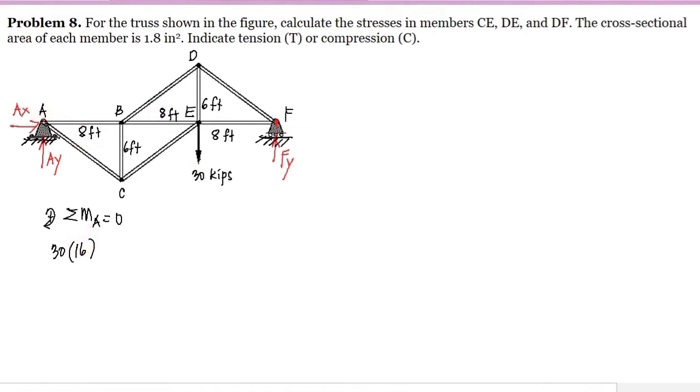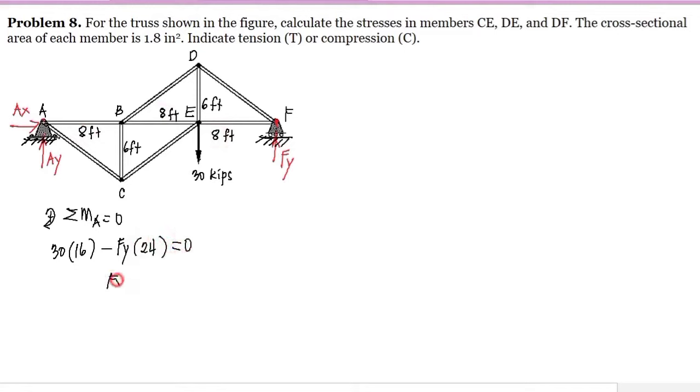Here at point F, we assume that it is directed upward. So this reaction here will create a counterclockwise rotation with respect to point A. So we have here negative Fy multiplied by the perpendicular distance, that is 8 plus 8 plus 8, so we have here 24. That is equal to 0.